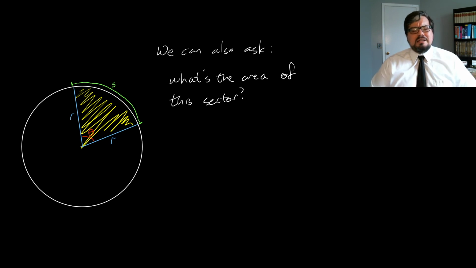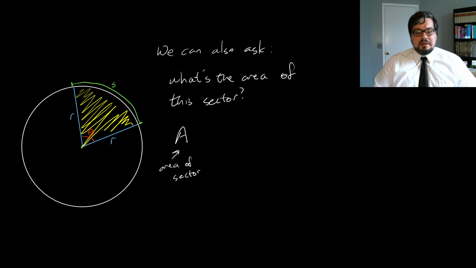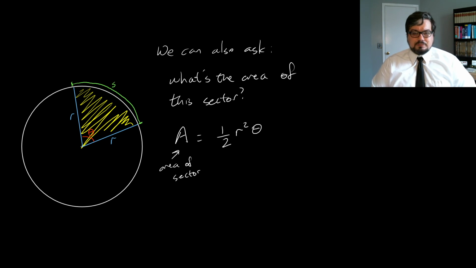This one isn't quite as easy to memorize, so we'll also talk about how we can remember it, because it won't always be something that we recall immediately. Although the answer here is that A, the area of the sector, is equal to 1/2 r squared theta.